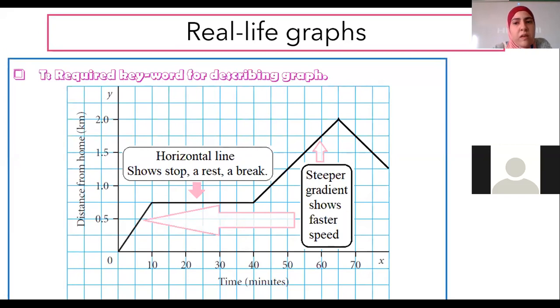Is anyone facing a problem, not seeing the screen? Okay, so let's continue. So this one is the distance. Now, if I'm looking down here, I will see that the x-axis represents what? The time. So one of the lines should represent the time, the other should represent what?